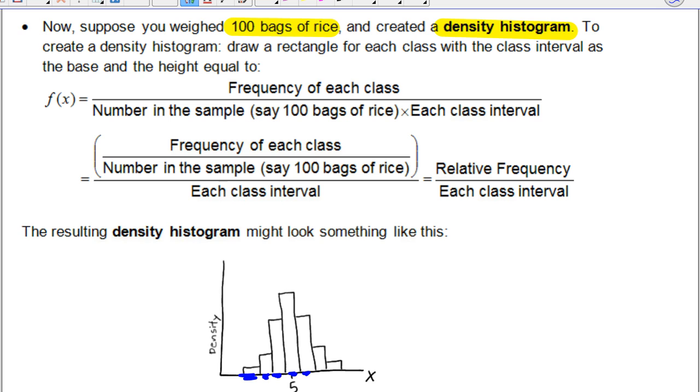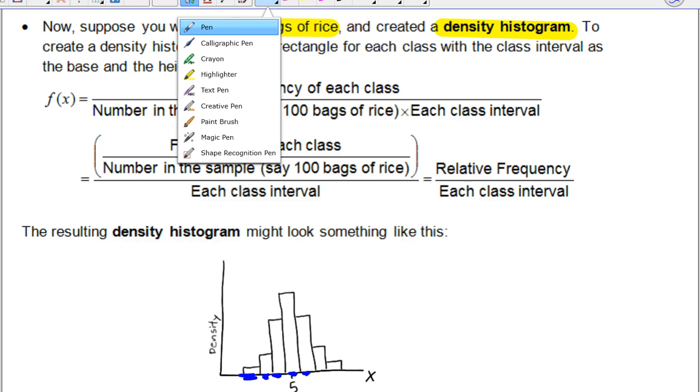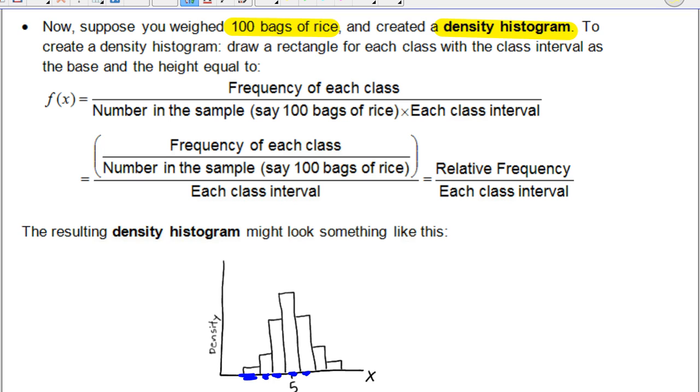Now, how do you get this density? To get the density, you get the frequency of each class, divide by the number in the sample, for example, in this case 100, and divide by each class interval.